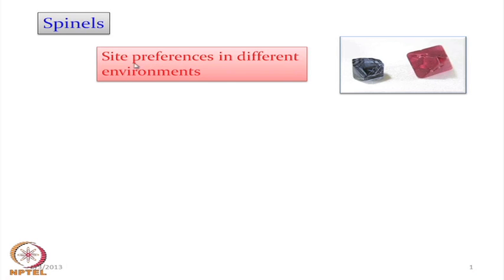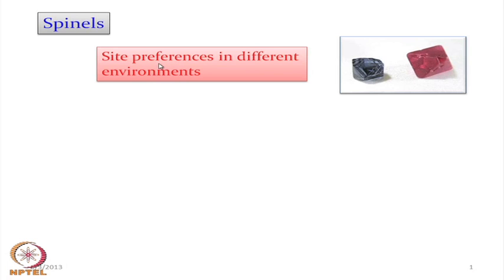We will see whether we are placing that particular metal ion in the corresponding tetrahedral site or the octahedral site, but they will have some preference for that, and this preference is basically dictated by their corresponding stabilization due to crystal field.